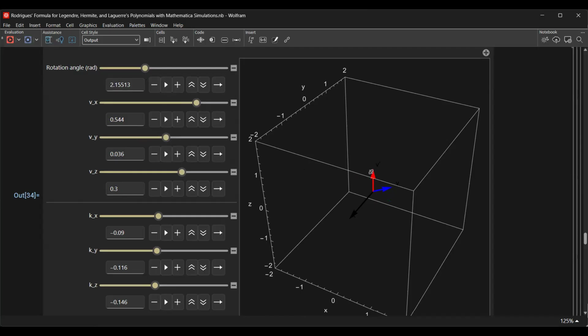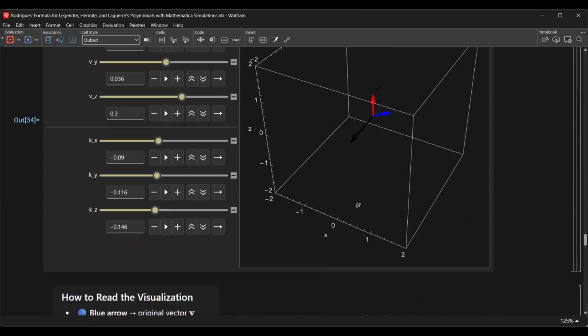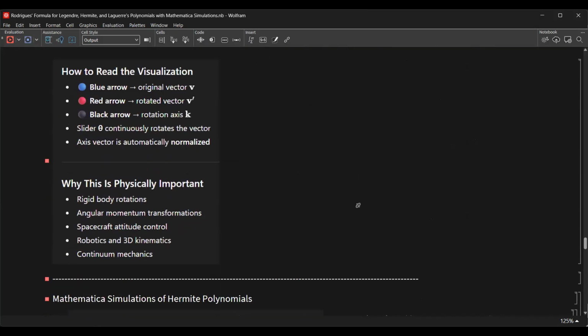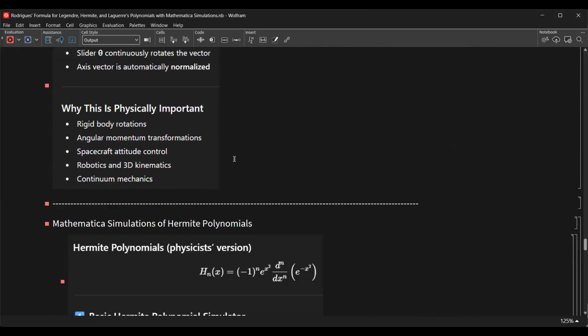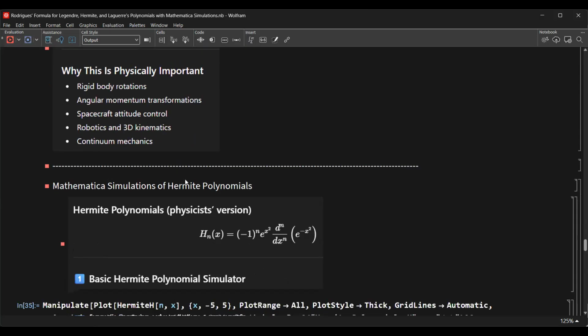The rotated vector is the red vector here, and we have the axis of rotation in black. So why is this physically important? This is used in rigid body rotation, angular momentum transformations, and spacecraft attitude control. So these are some of the applications. We also have robotics, 3D kinematics, and continuum mechanics.